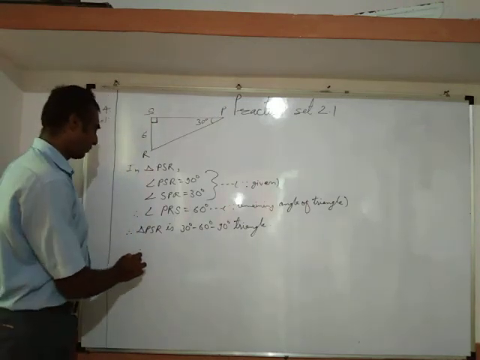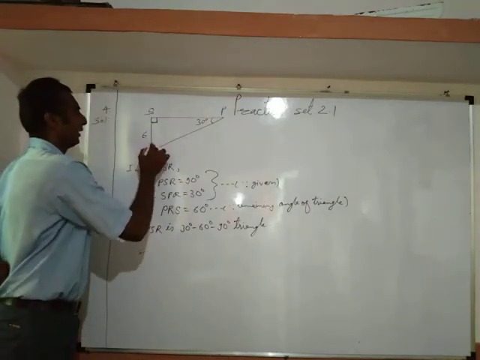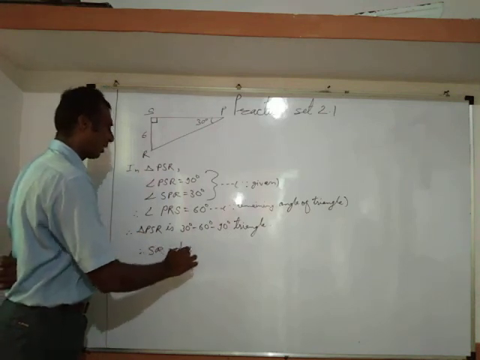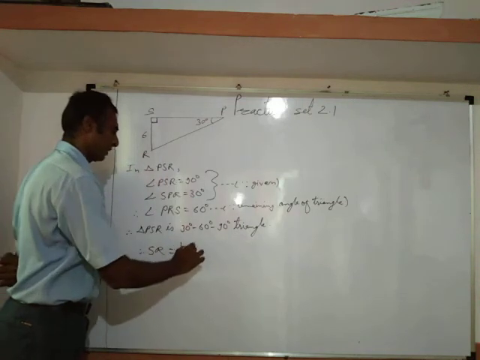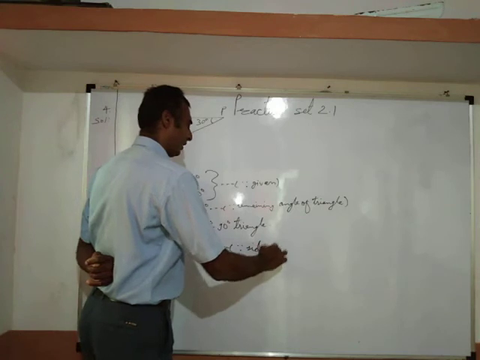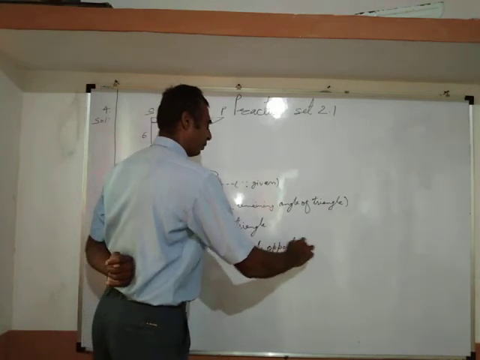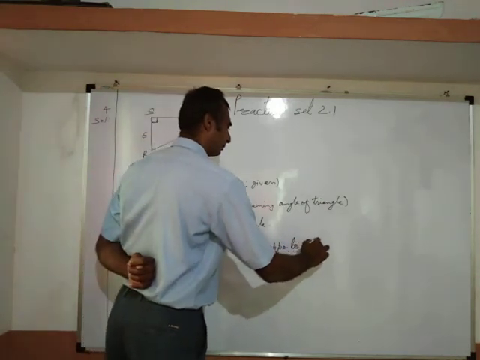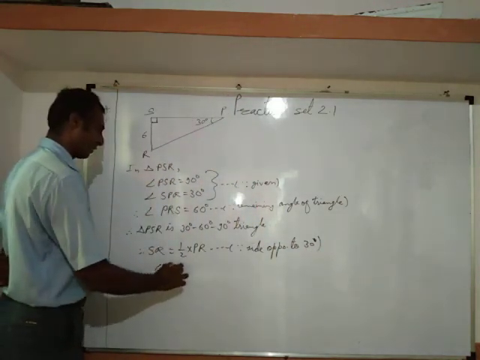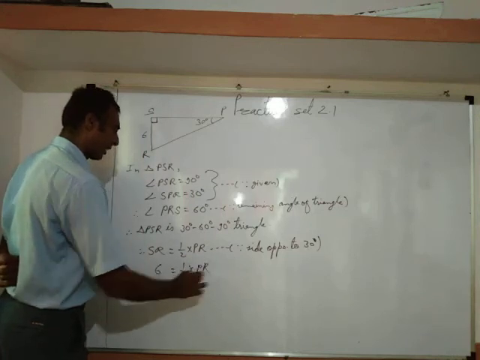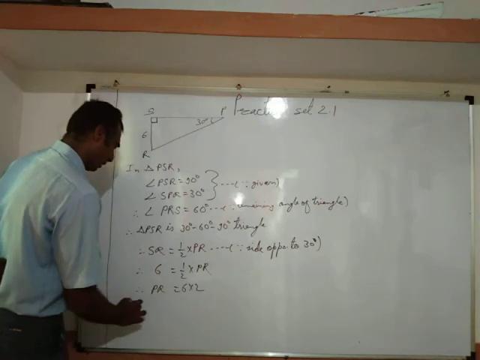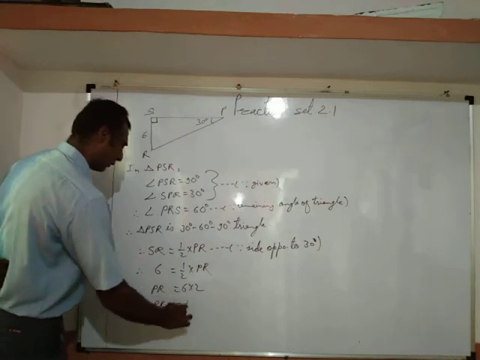And therefore the side opposite to 30 degrees, which is SR, is half of the hypotenuse. Hypotenuse is PR. Since the side is opposite to 30 degrees, SR, which is given as 6, equals half of PR, and therefore PR equals 6 into 2, and therefore PR equals 12.